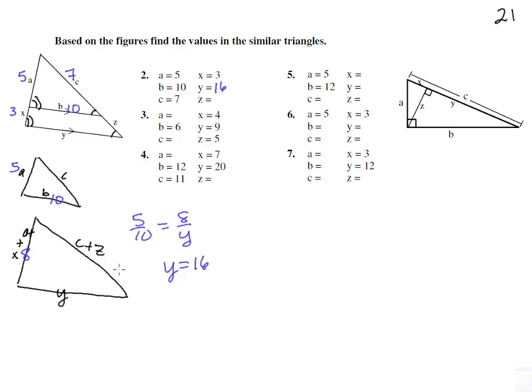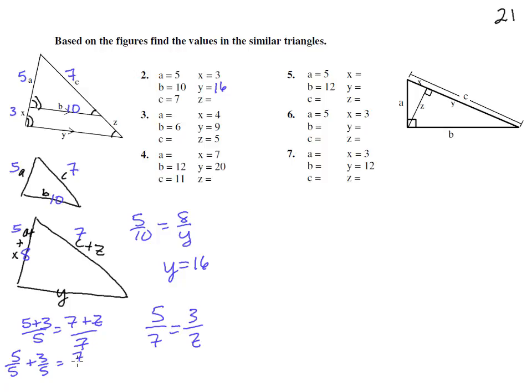So Z, that's going to be a different one. C up here is 7. With these parallel lines, we could do 5 is to 7 as 3 is to Z. Now that doesn't make use of this full C plus Z over here, this 7 plus Z, but if you'd like to see it, we could also do that as 5 to 5 plus 3 equals 7 to 7 plus Z. And you could break this up into 5 over 5 plus 3 over 5 equals 7 over 7 plus Z over 7.